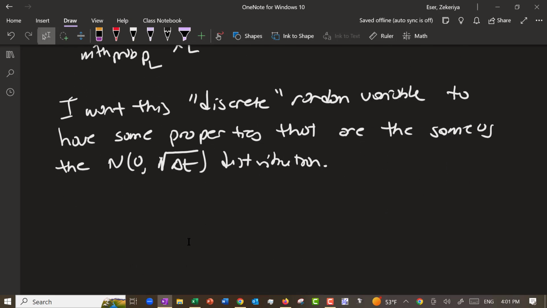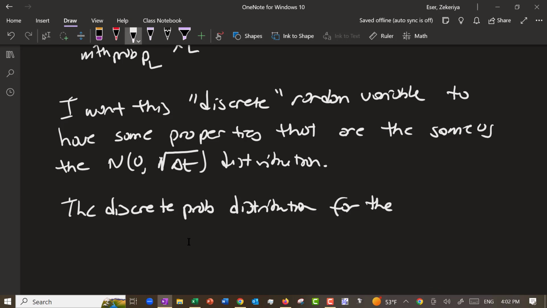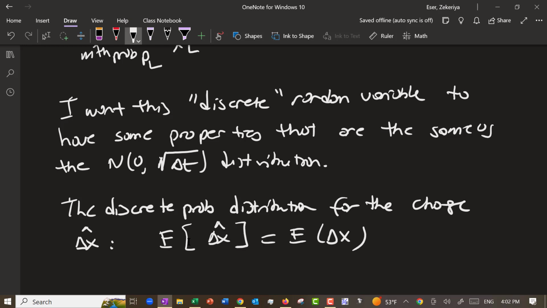So I want to expect, let's call this the discrete probability distribution, for the change, let's call that delta x hat. Okay. I want expected value of delta x hat to be the same as expected value of delta x. Okay.